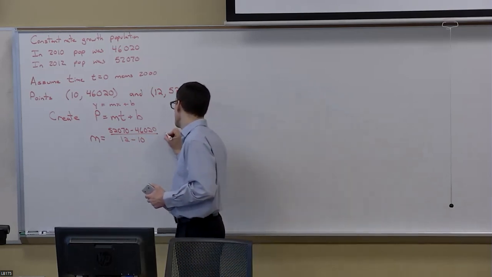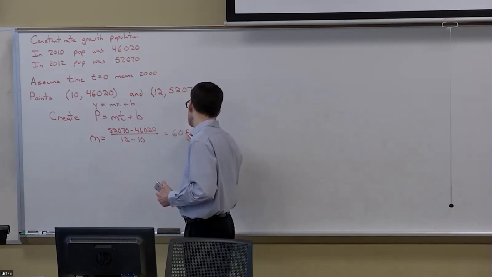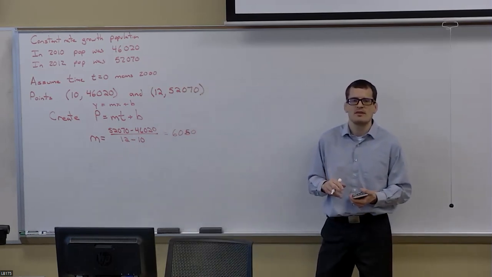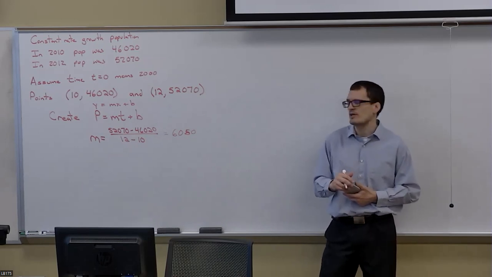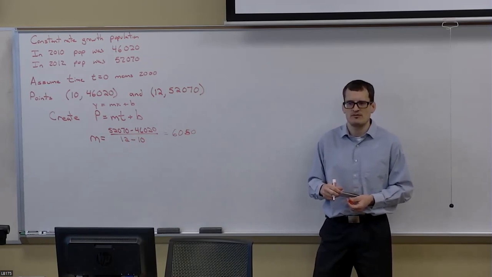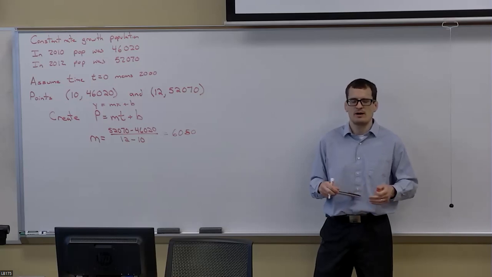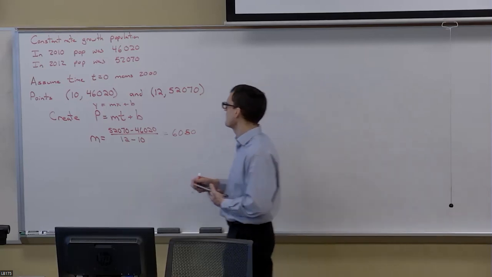And I get a slope of 6,050. That's a positive 6,050. By the way, in the context of this problem, that would mean we are increasing by about 6,050 people every single year. Right, the town's population is increasing by that many every single year.